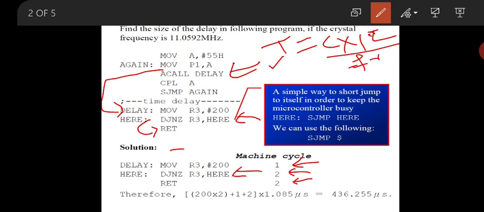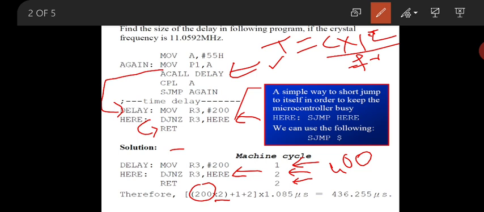It is repeated 200 times, and DJNZ consumes 2 machine cycles, so the total consumed by DJNZ is 400 machine cycles. Understood? There are 400 machine cycles from DJNZ.